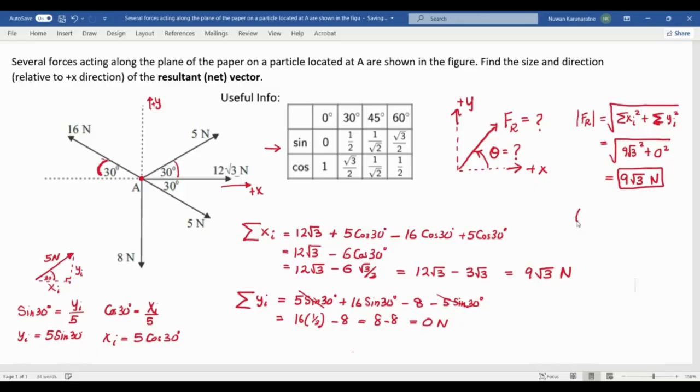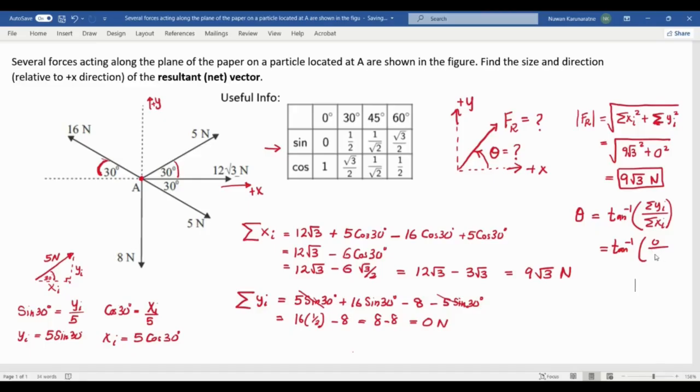And then theta, the angle, again, I'm going to use the definition to find the angle, inverse tangent, the sum of all the y components divided by the sum of all the x components. But here again, since the sum of y components are 0, I'm going to have 0 angle.